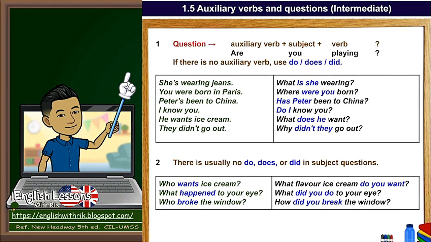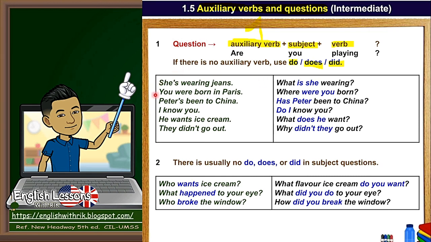Auxiliary verbs and questions. The word order for questions is different from positive and negative sentences. We use the auxiliary verb, then the subject, then the full verb. Are you playing? If there is no auxiliary verb, we use do, does, or did. She's wearing jeans. What is she wearing?